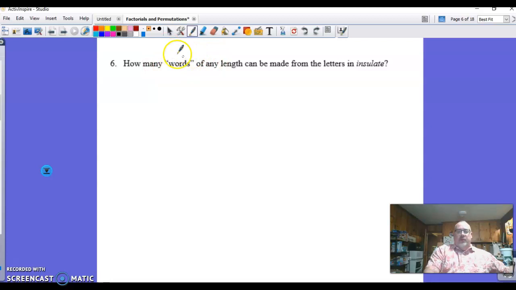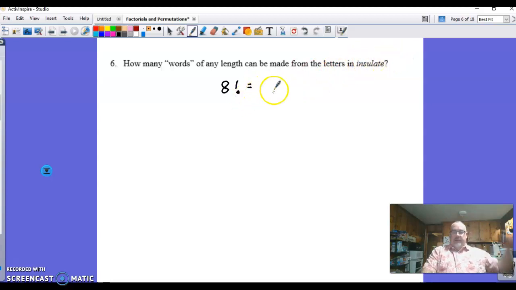How many words, and words is in quotes because some of them wouldn't be real words, if you took all the letters of insulate and arranged them in every different possible way? Since all 8 letters are different and order matters, this is just 8 factorial.